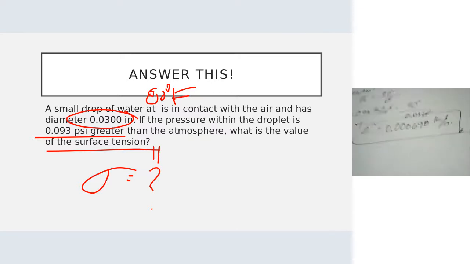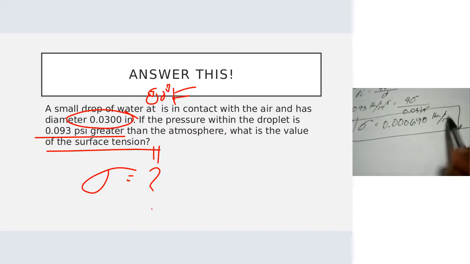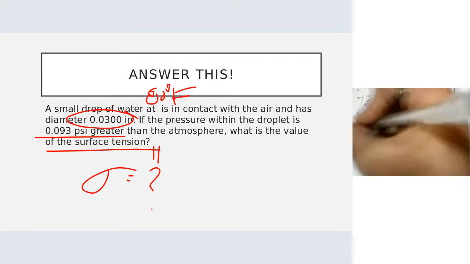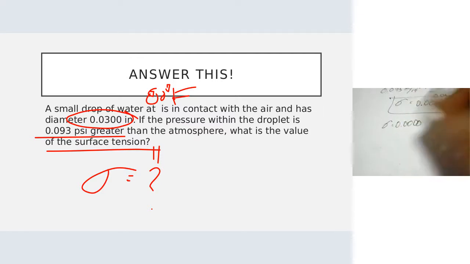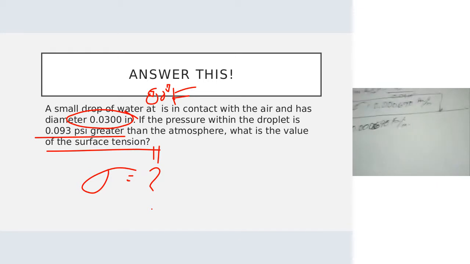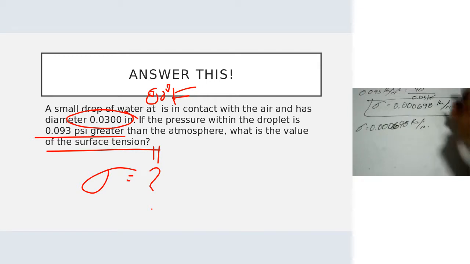Some of you converted the unit to pound per foot, so that is also possible. There was no indicated unit. So let's solve for the value if converted to pound per foot. 12 inches is equal to 1 foot, so times 12.